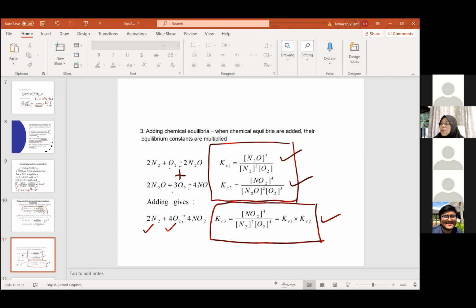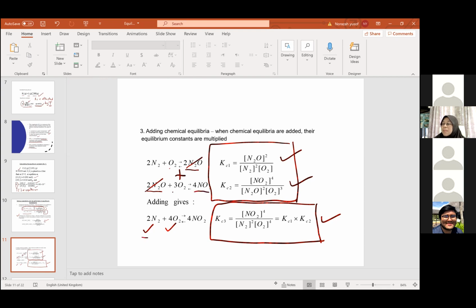If you have the same compound at the product side of one equation and at the reactant or left side of the second equation, you can cancel it out. I hope that you know this. And then this one remains because you cannot cancel it out.